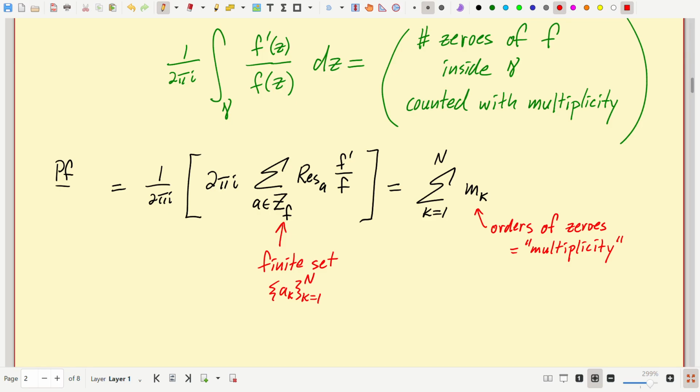Why is it a finite set? What if I had infinitely many zeros in there? Remember, there's no zeros on the boundary. So certainly the zeros are not piling up on the boundary.